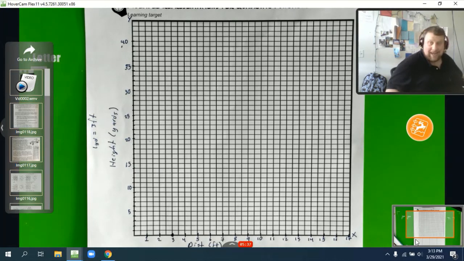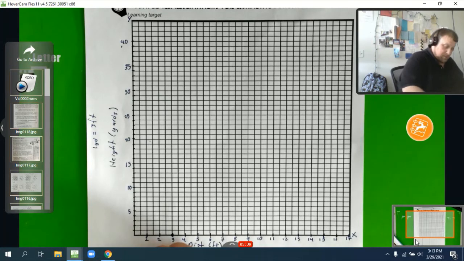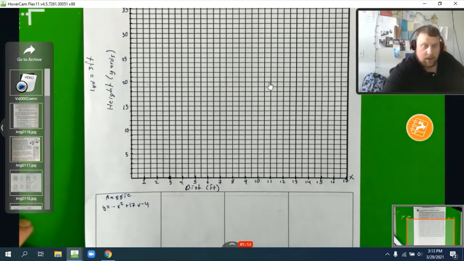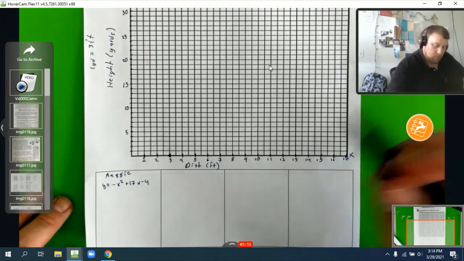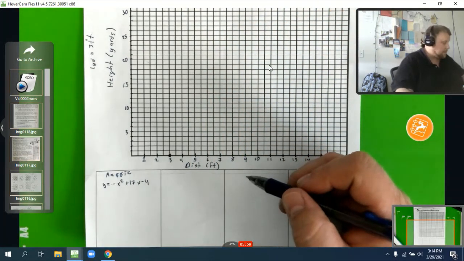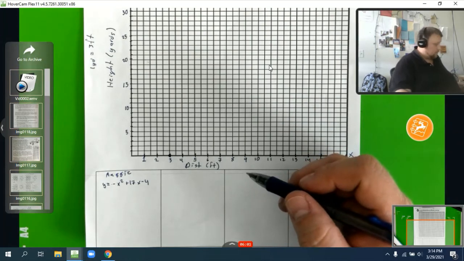We need to take this equation, so Maggie launches at y equals negative x squared plus 17x minus 42. Because it's a negative x squared, we know a couple things. Number one, if it starts here, it's going to go up and eventually come back down, because remember, it's an upside down parabola.